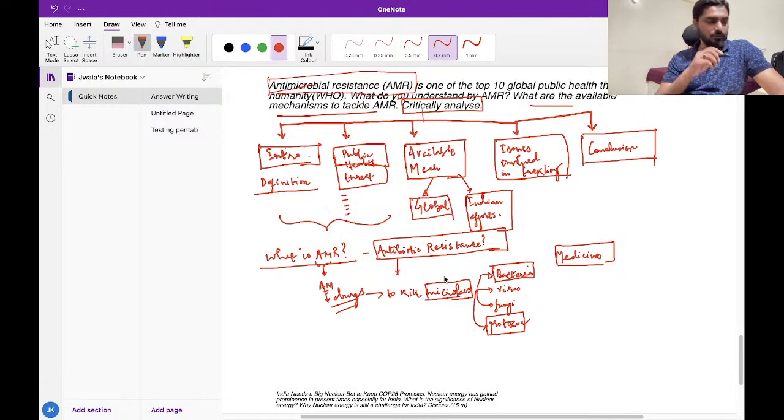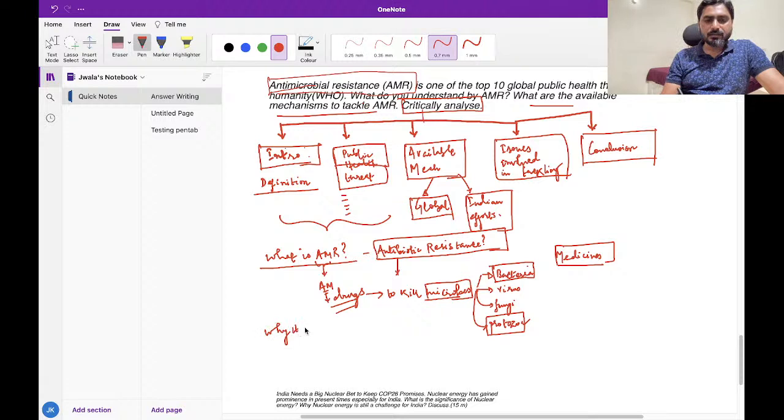Why is WHO saying that it is one of the top 10 global public health threats facing humanity? Why is it a concern?